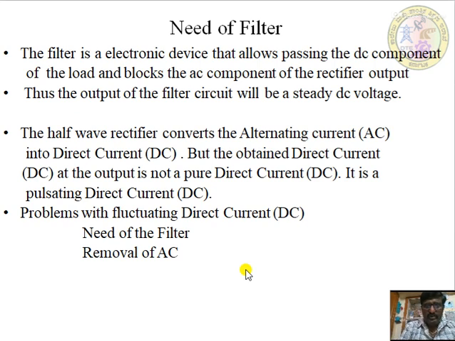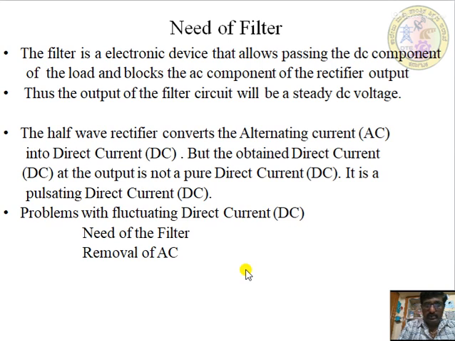Next, why do we require a filter, or what is the need of a filter? The filter is an electronic device that allows passing the DC component to the load and blocks the AC component of the rectifier output.